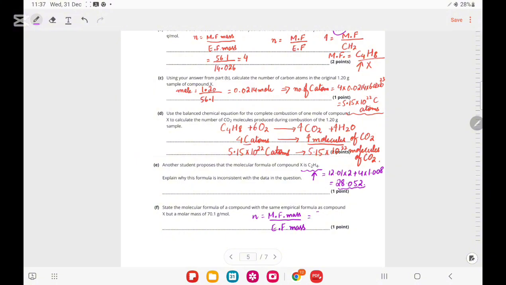Molecular formula mass, now they have given us 70.1, and empirical formula mass of CH2 was 14.026, which is equal to 5.